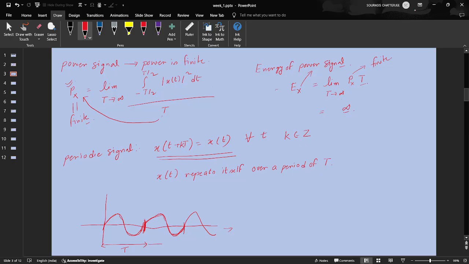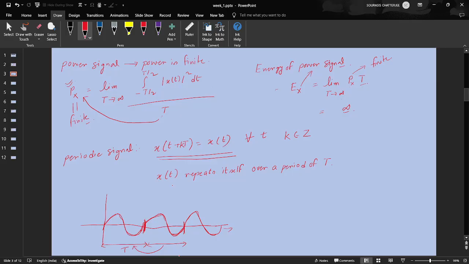So this is as if it's a copy of the signal from the previous period, this one. And again we can see from this point onwards it repeats itself.